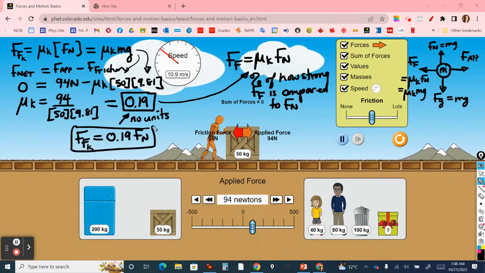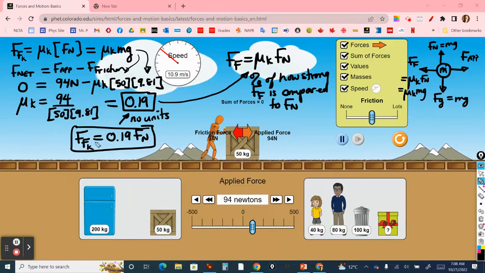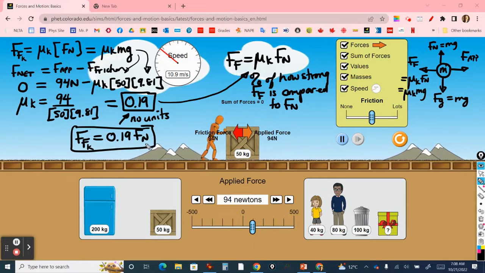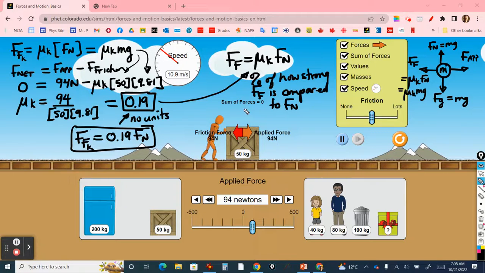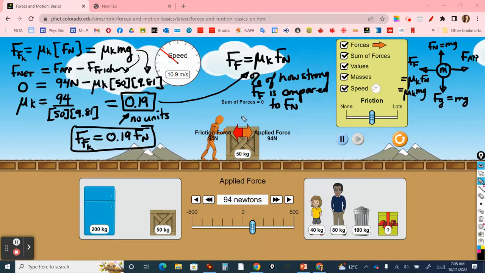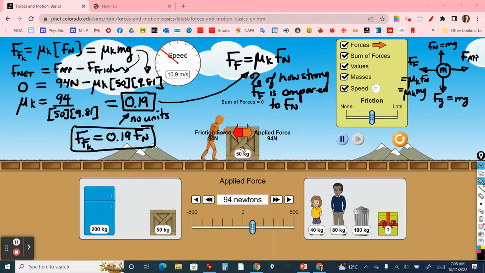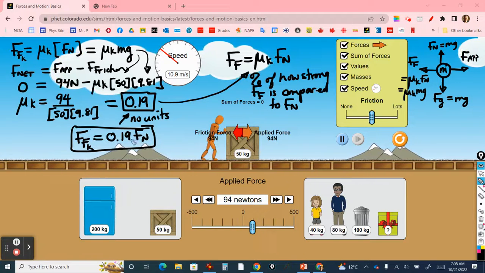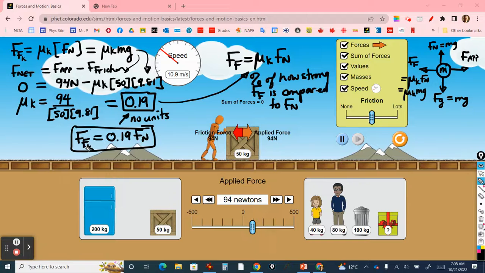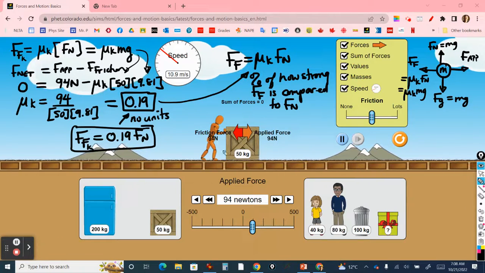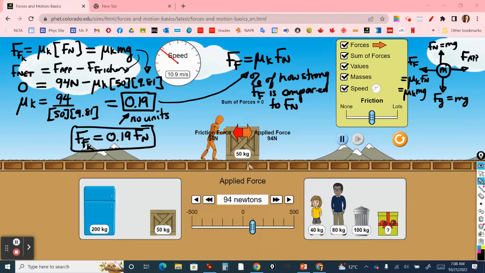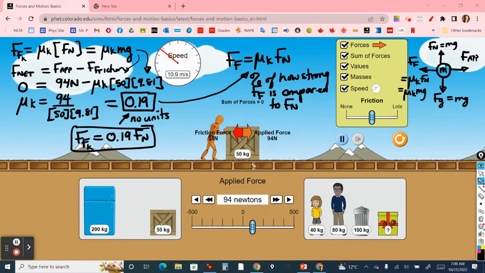And so how I would read this is, the force of friction is 19% as strong as whatever the normal force is. And we could decrease the normal force by kind of lifting the box a little bit, or we could increase the normal force by putting more pressure on top of the box. But the force of friction will always be 19% of whatever the normal force is between the box and the surface here.